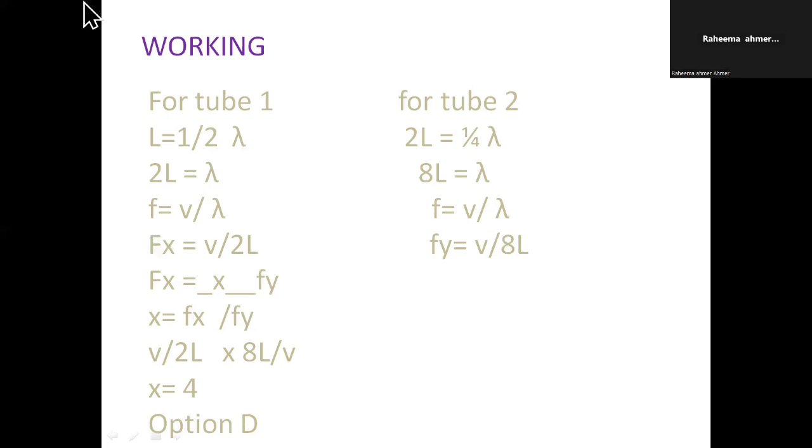I'll show you the step. You must know about keep, change, flip. So this would be V upon 2L into 8L upon V. So this and this would get cancelled, and this would also get cancelled with L.